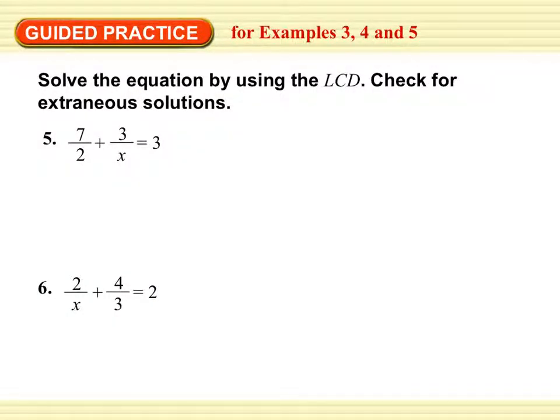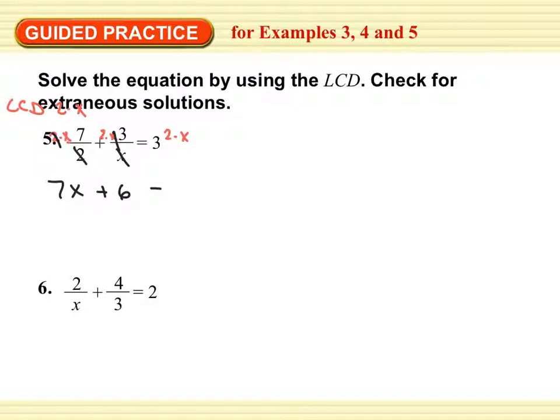So a few more practice. Let's see, what color pen am I in? Okay. My LCD for this one is a 2 and an x. So I'm going to multiply each one by a 2 and an x and have some things cancel out. So the 2 is gone. I get 7x. The x is gone.